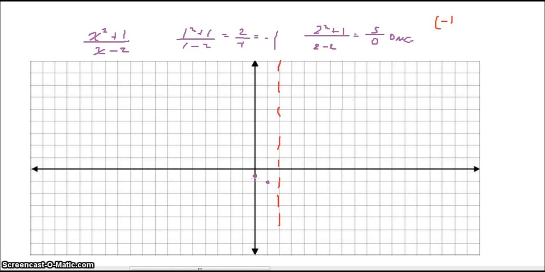So with this one, this is pretty tedious, but if you keep plotting points, you're going to get a graph like this.